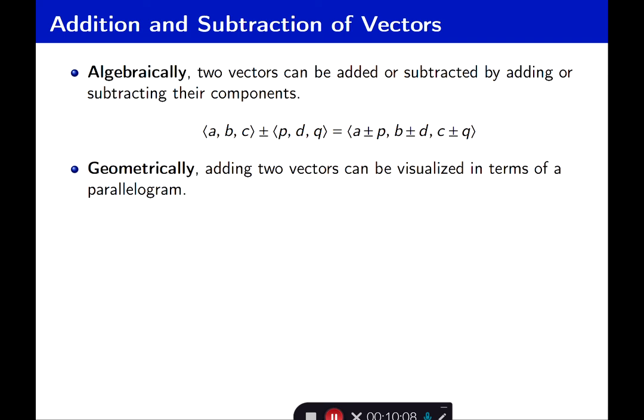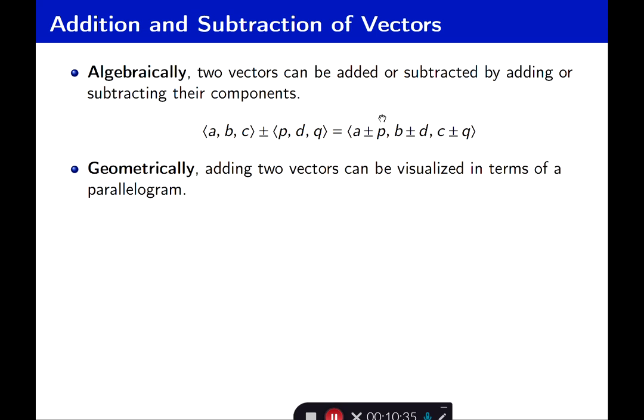Now, two more vector operations, addition and subtraction of vectors. Algebraically, two vectors can be added or subtracted by adding or subtracting their components. So if I have a, b, c plus or minus p, d, q, then I take a and p, which are the first coordinates of the two, and add or subtract them.